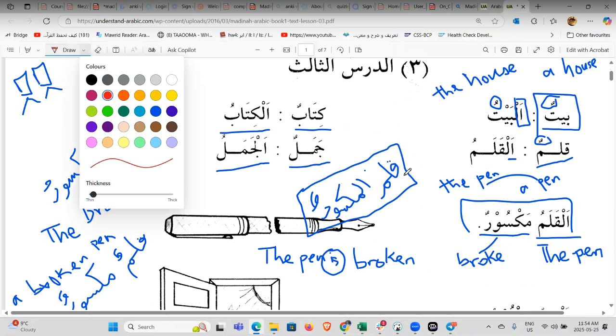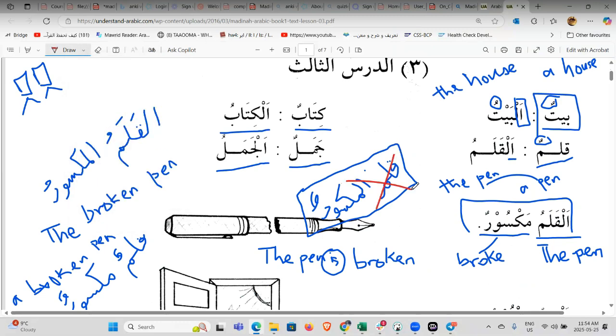It does not exist. So you only have to worry about three cases. When we have the first word with alif wa lam and the second one without, that is a nominal sentence. In Arabic, it's called jumla ismiya.